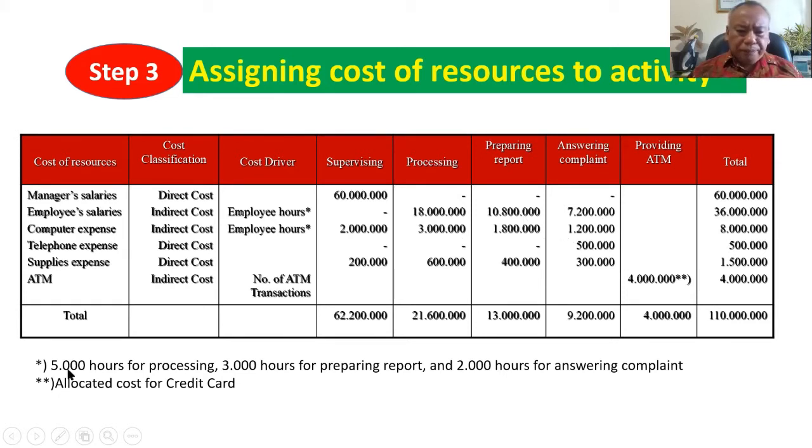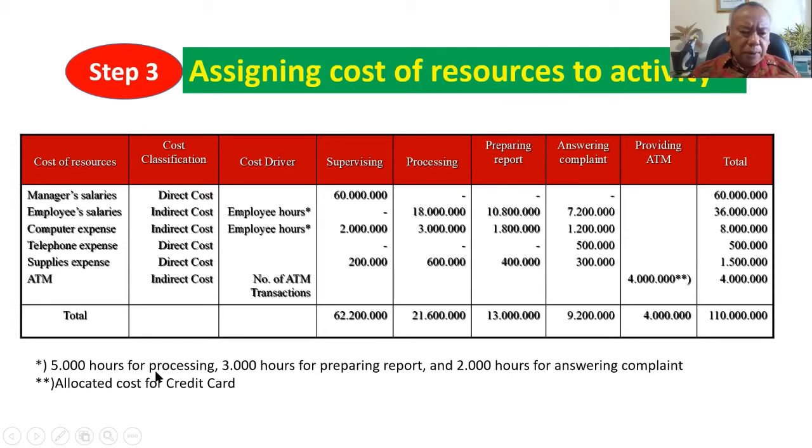For example, we use the driver, in this case employees' working hours. Employees' hours related to processing, let's say 5,000 hours, related to preparing report, 3,000 hours, and related to answering complaint, 2,000 hours. So if we make the percentage, 5,000 hours is 50% because the total employees' hours in this case is 10,000: 5,000 plus 3,000 and 2,000.